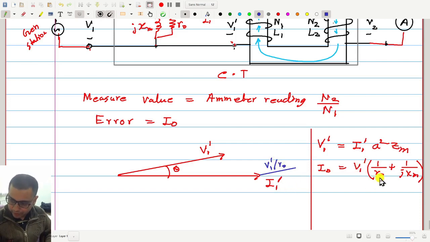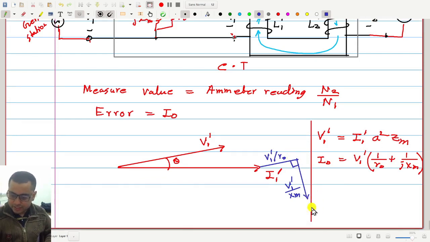So this current V1 prime by R0 is this current, then minus j by XM. With minus j, that will be in this direction. Please check my direction, etc. So that is V1 prime by XM, 90 degree lagging. So this is therefore I naught.